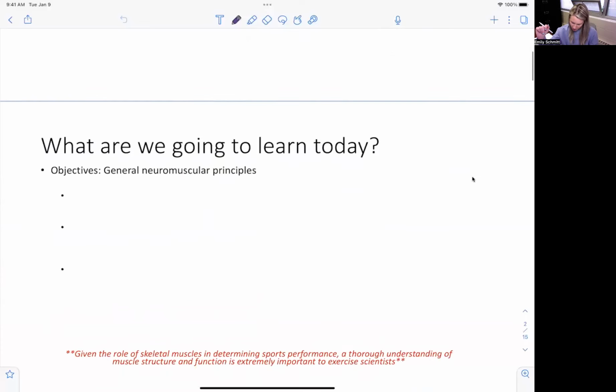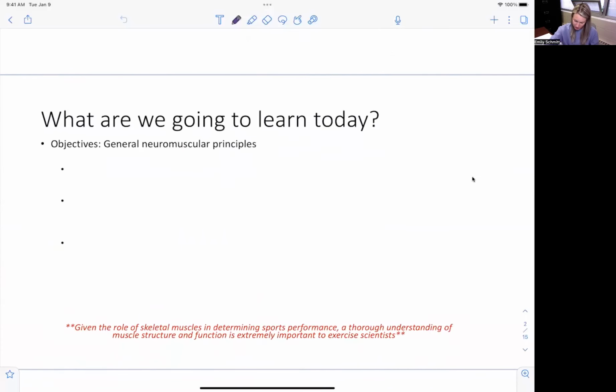So what we are going to talk about in this module are some general neuromuscular principles. We're going to talk about skeletal muscle structure.